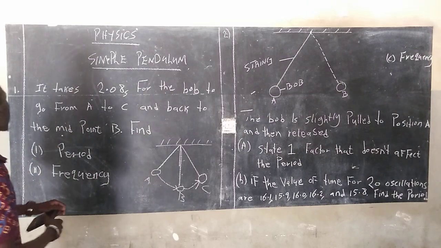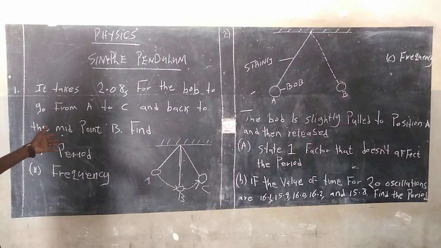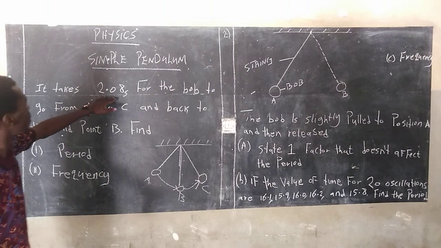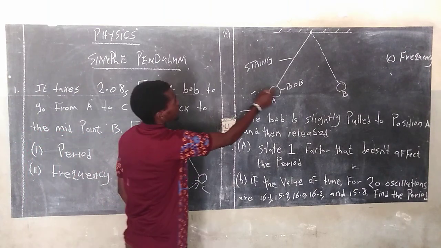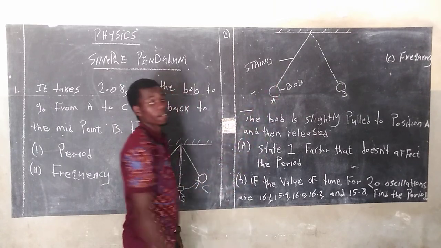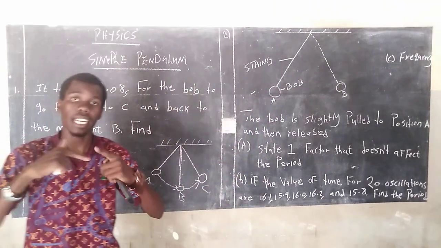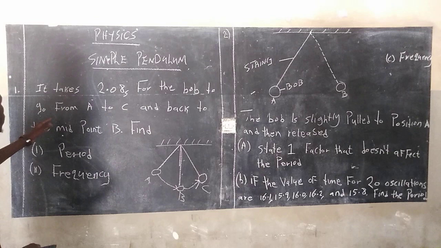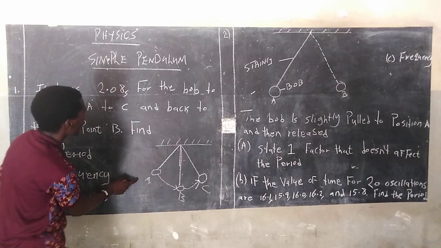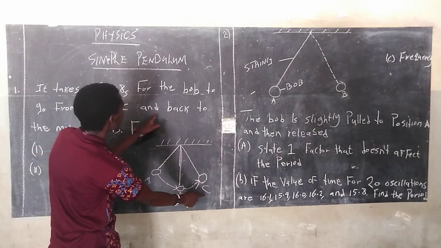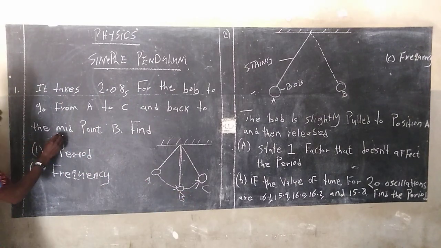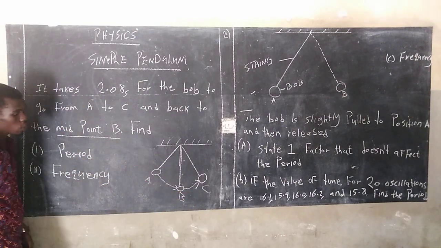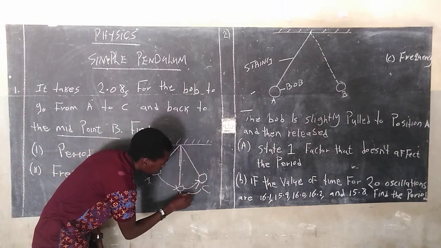The statement is saying it takes 2.08 seconds for the ball, like the way I put it here. This is a string. For it to go from A to C and back to the midpoint B, something like this.